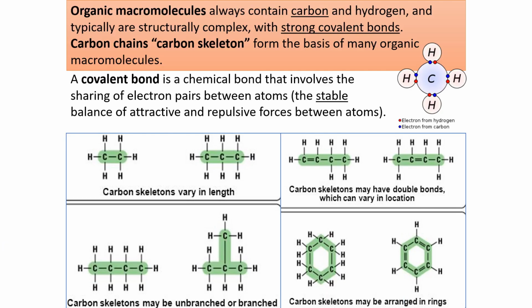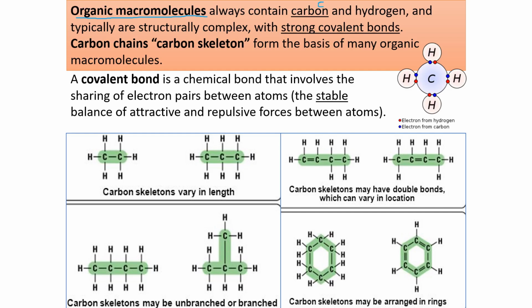Next, we will talk about organic macromolecules, because our cells are mostly made up of organic macromolecules. We have, of course, a lot of water, but if we remove water, then it will be organic macromolecules. So organic macromolecules always contain carbon.